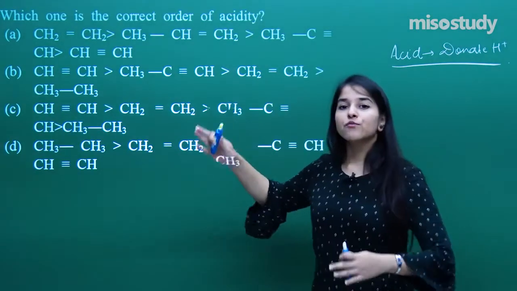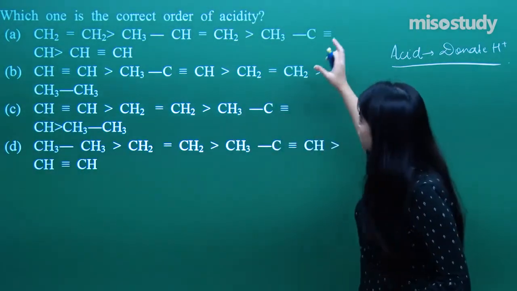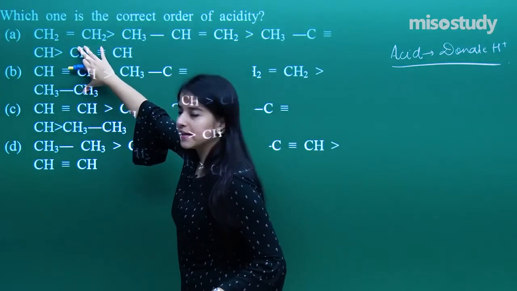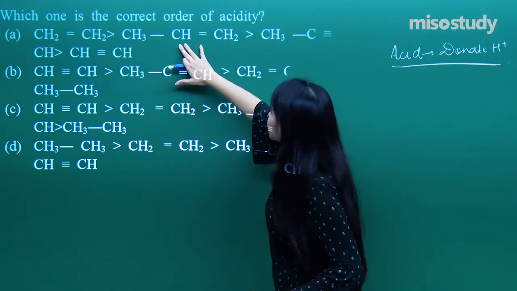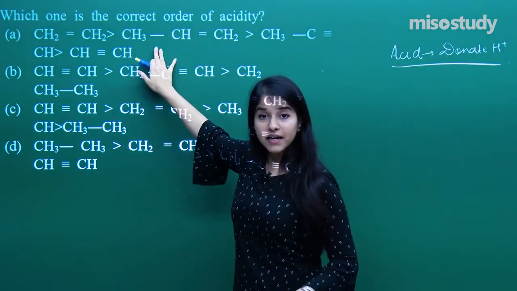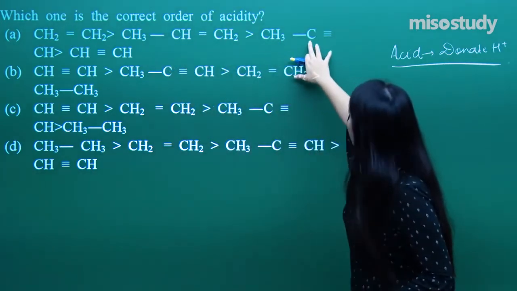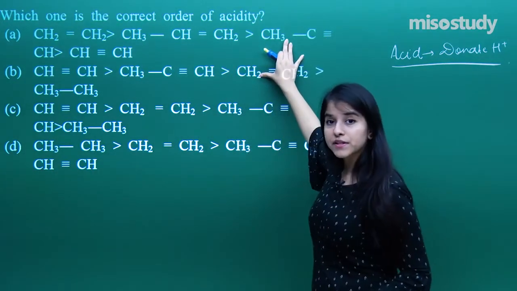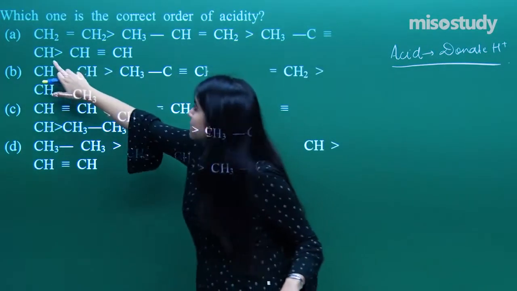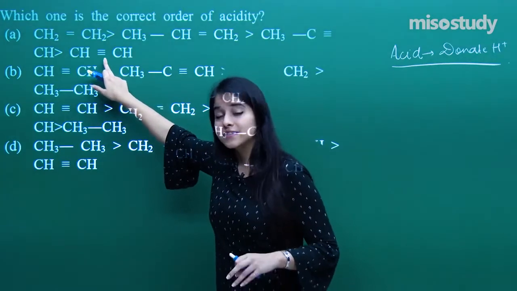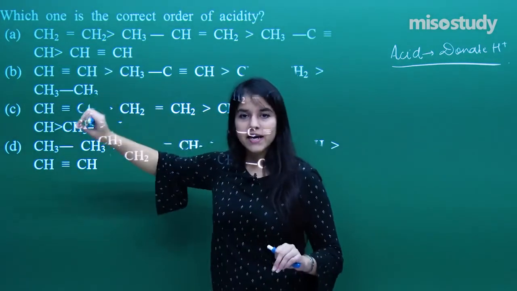What all kinds of molecules are we given? So just quickly analyze the options. Here we have an alkene, that is ethene. Again we have an alkene, that is propene. And over here it's a triple bond, that means I've got an alkyne. The remaining portion has been written over here, and again we have acetylene, that is also an alkyne.